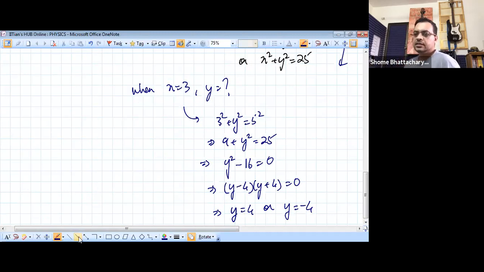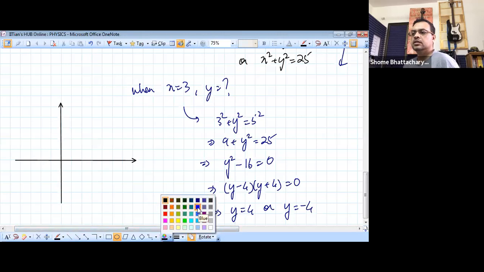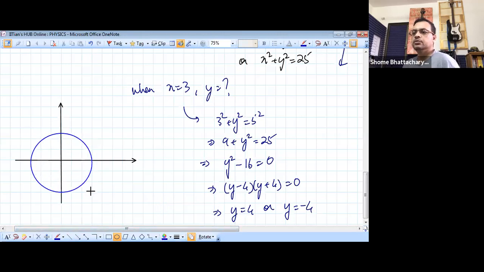So basically, you'll also understand this geometrically or visually. Let us say we draw a circle of radius 5 meters.